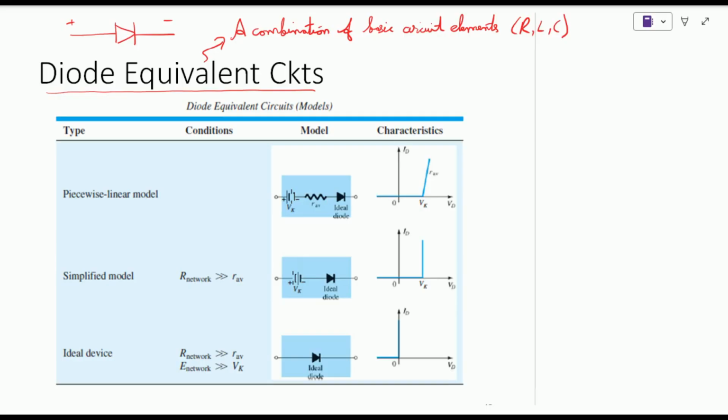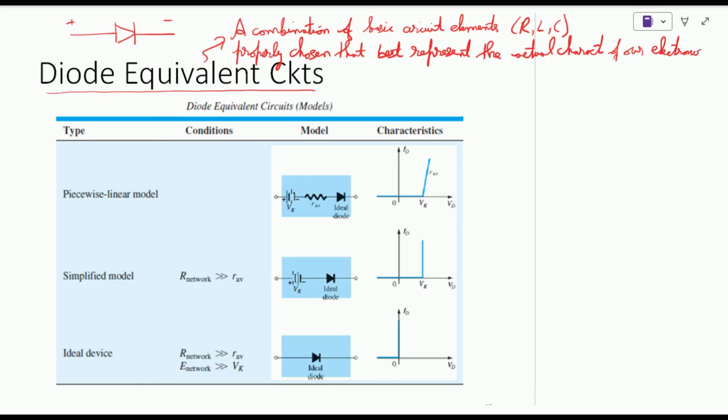So we use these basic circuit elements, properly chosen, that best represent the actual characteristics of our electronic device. In this case, our electronic device being the semiconductor diode. So this is the diode.